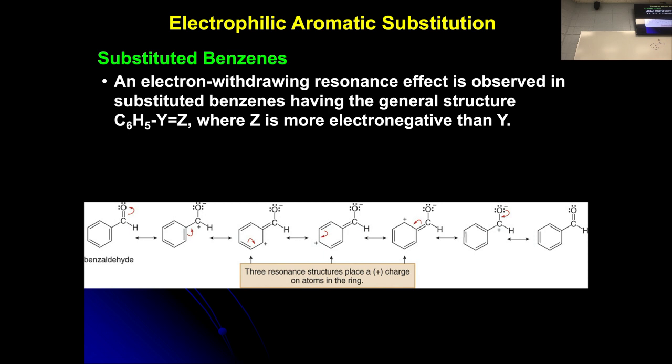And in fact, what we can do is we can draw a resonance structure that pushes the electrons onto oxygen, and then that pulls electrons out of the aromatic ring by resonance. Where are we pulling the electrons out? What positions are losing the electrons? In other words, where are the positive charges? Ortho, meta, or para?